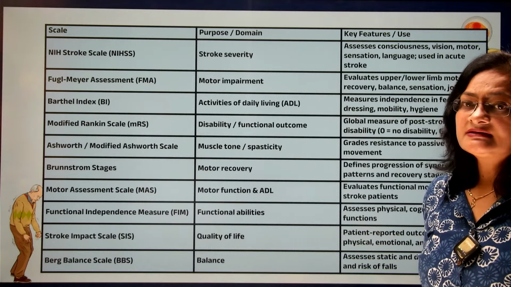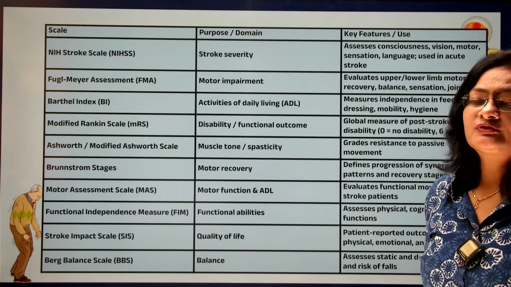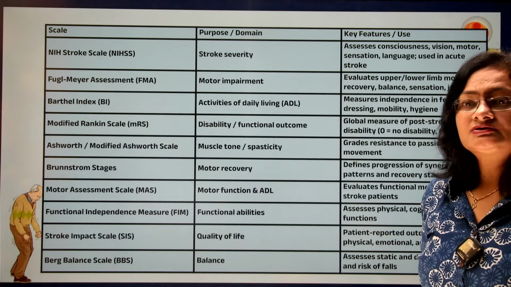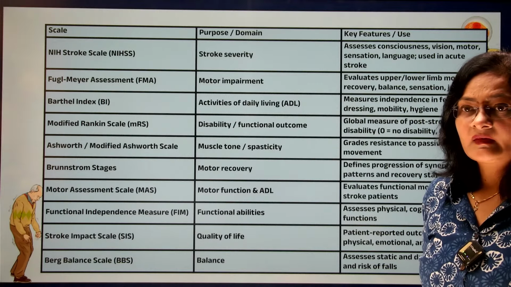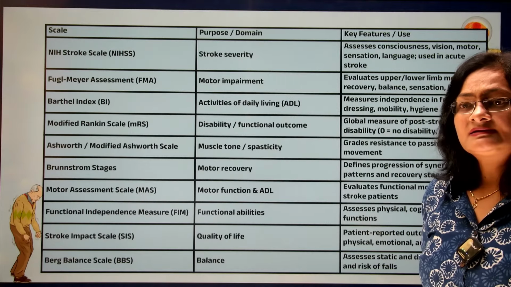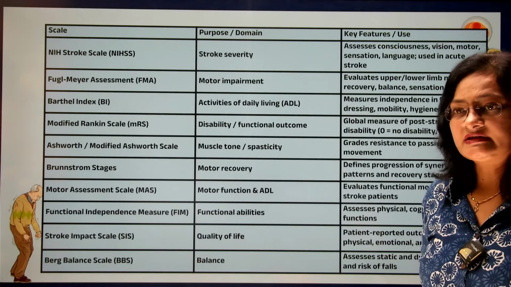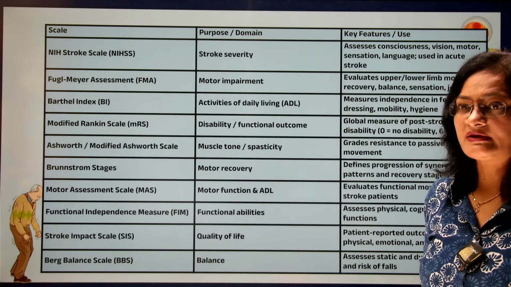The second scale used for stroke assessment is the Fugl-Meyer assessment, also known as FMA. It mainly assesses motor impairment. So Fugl-Meyer is commonly administered for assessing motor impairments in the stroke patient.